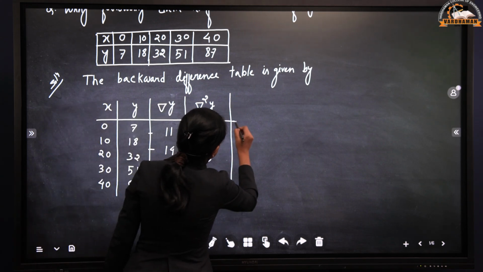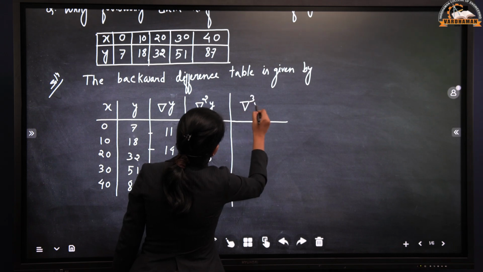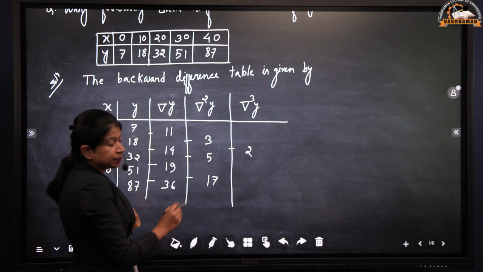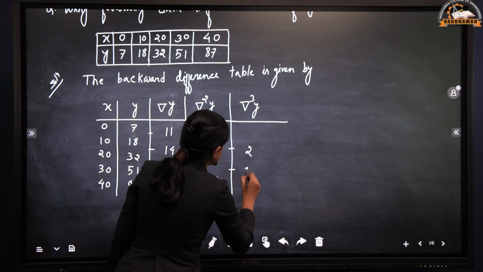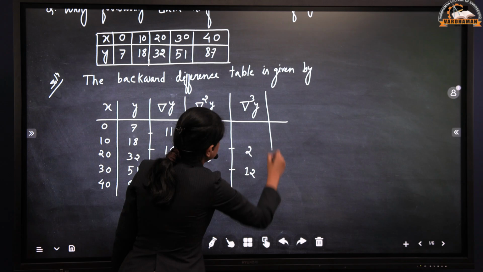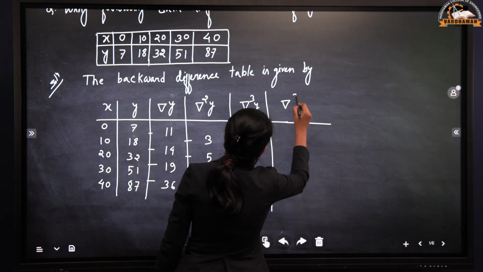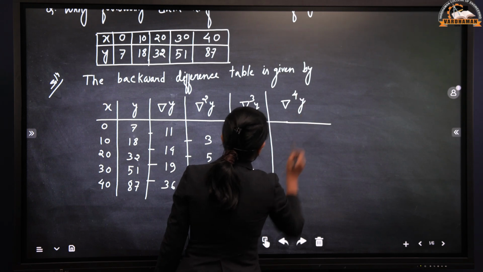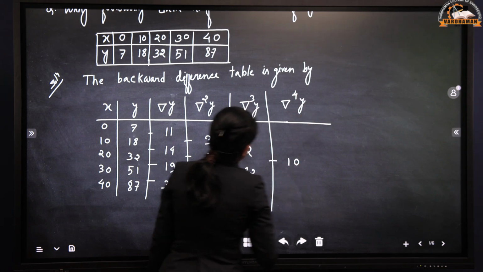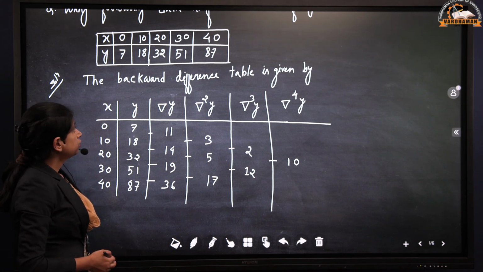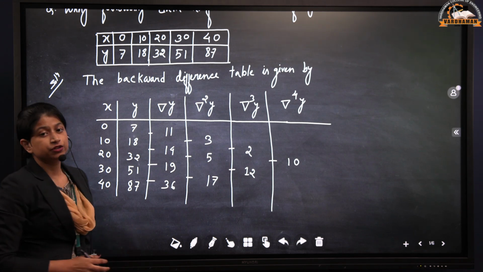Next, third backward difference. So it will be 5 minus 3 is 2, and 17 minus 5 is 12. Next is fourth backward difference. It is 10. So this is how you need to form the backward difference table.